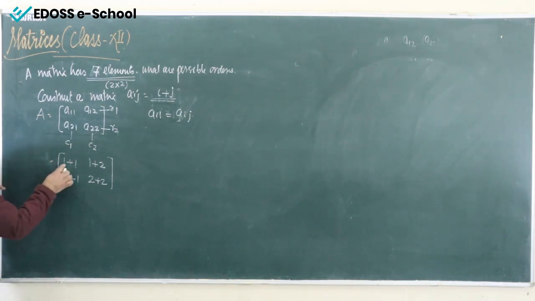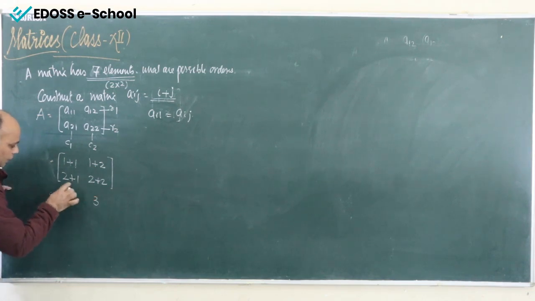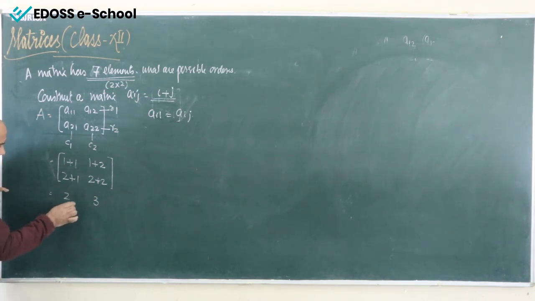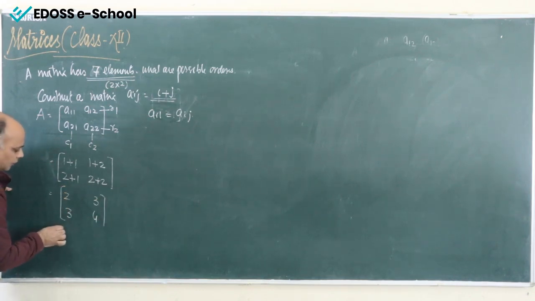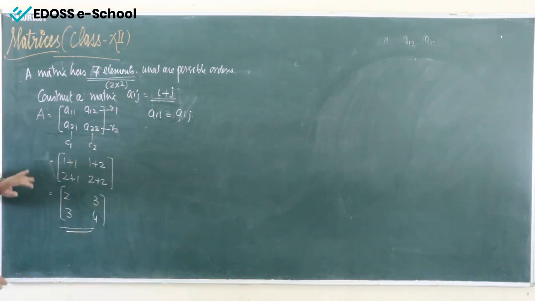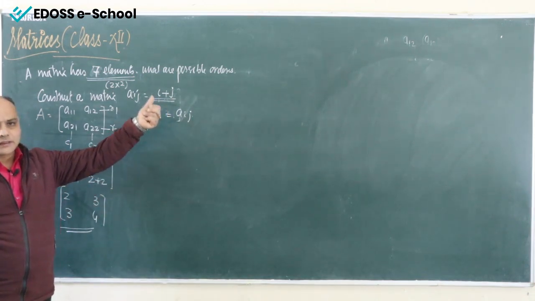Then solve it. 1 plus 1 is equal to 2, 1 plus 2 is equal to 3, 2 plus 1 is equal to 3 and 2 plus 2 is equal to 4. Then this is the required matrix, or we have constructed a matrix whose elements are given by i plus j.